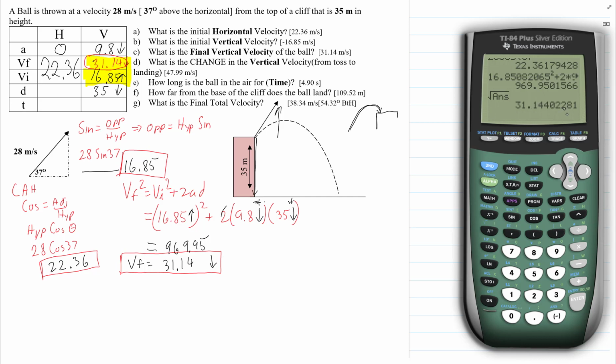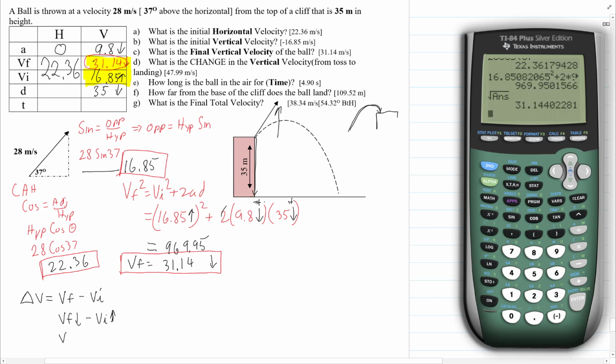So you take this number, and if you didn't get that, let's just go the long way. The change in velocity is VF minus VI, but VF is down and VI is up.